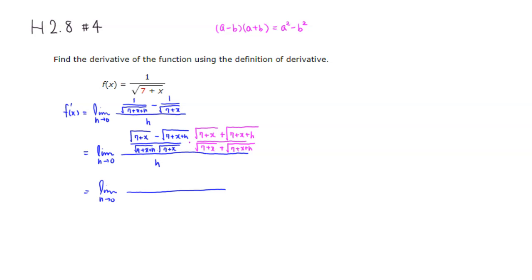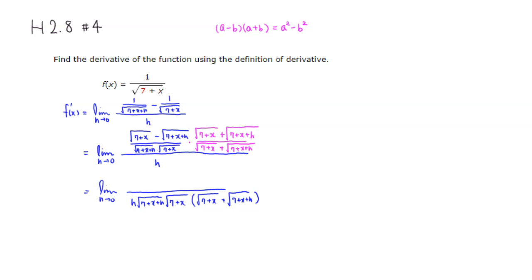So I'm going to put the h here, and then I'm going to have square root of 7 plus x plus h, and then square root of 7 plus x. This denominator looks very bad, but this is going to simplify, hopefully: plus square root of 7 plus x plus h.